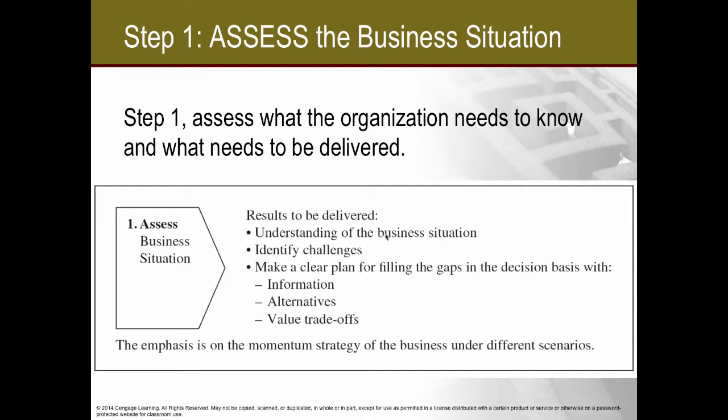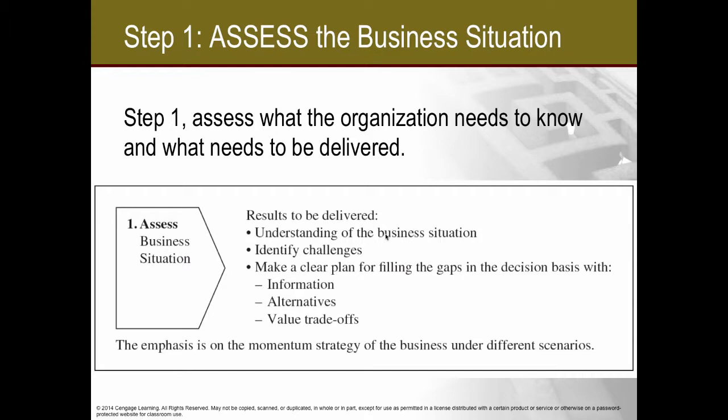So basically, step one was assessing the project, assessing what the organization needs to know and what needs to be delivered. So basically, that's the first part: what the organization needs to know and what they need to deliver, and the results to be delivered. So what results are expected is an understanding of the business situation, identifying challenges, right?